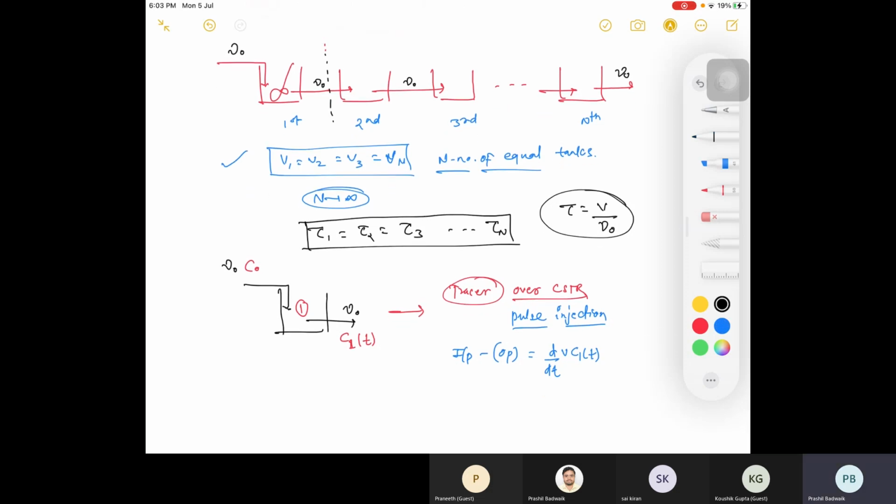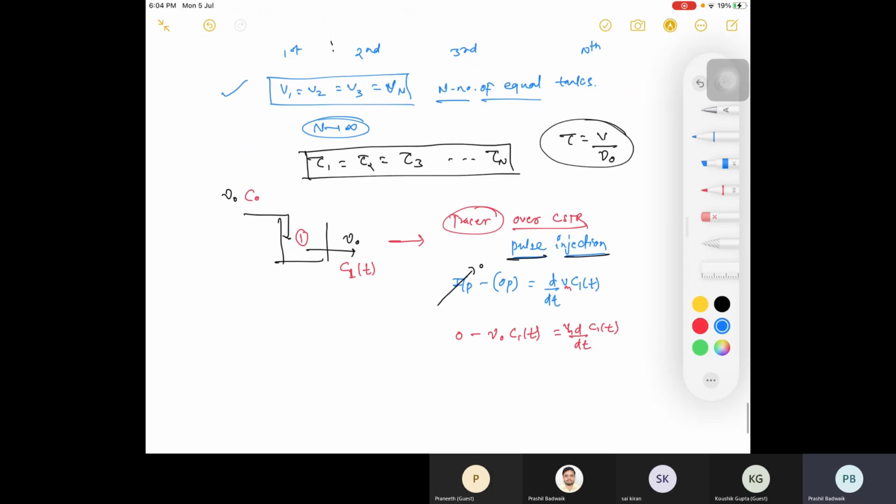Now what is your input for pulse injection? C naught into nu naught for pulse injection. For a pulse it is 0, right? You are just putting it in at an instant, so the input is 0. Then what is your output? That is continuously coming, that is nu naught into C1(t). And it is d by dt of V C1, and you can take the volume of the MFR as constant.